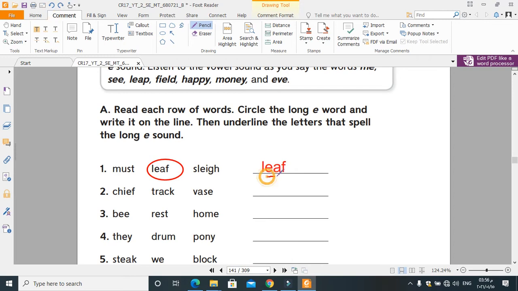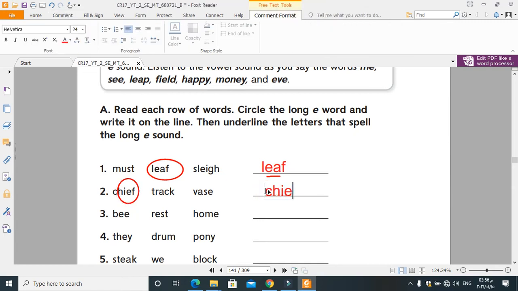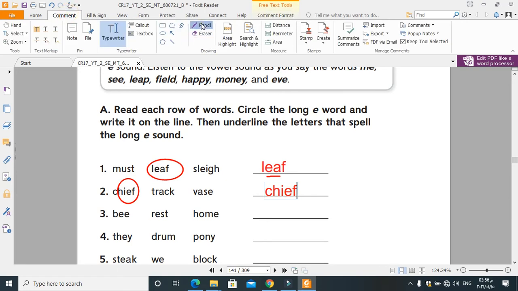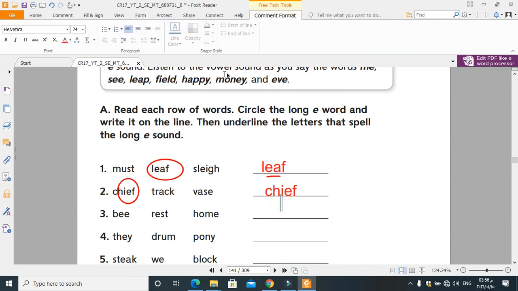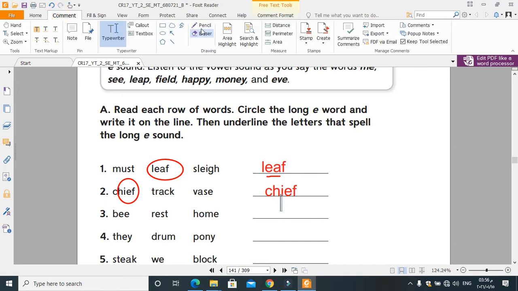That's great. And number 2. Chief, track, vase. You circle? Yes. Chief. Write it. And what is the pattern here? This is I and E. Number 3.